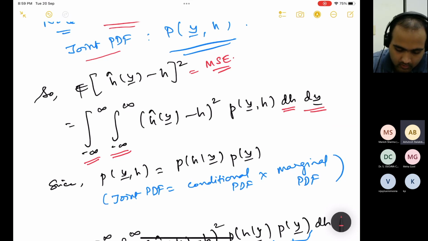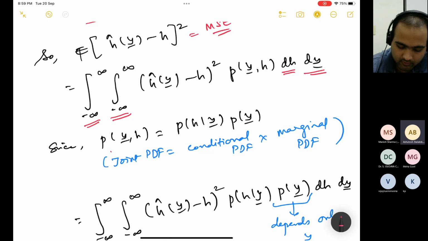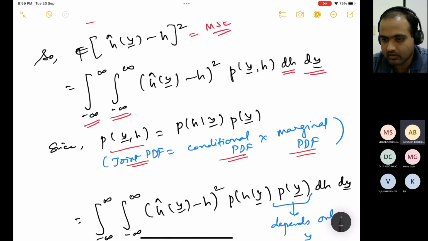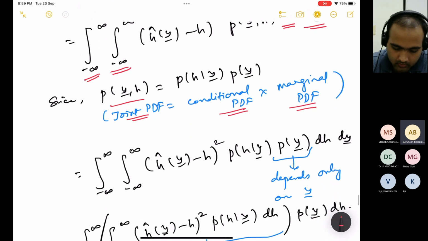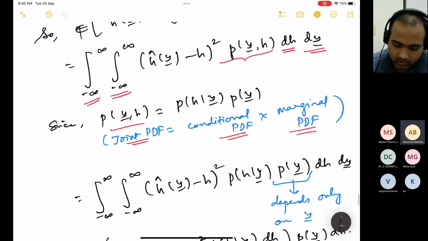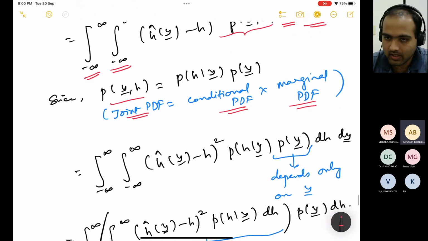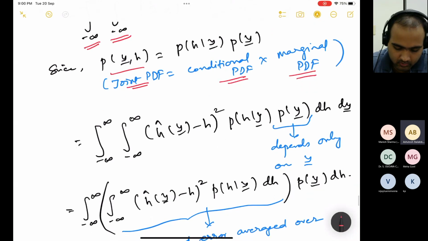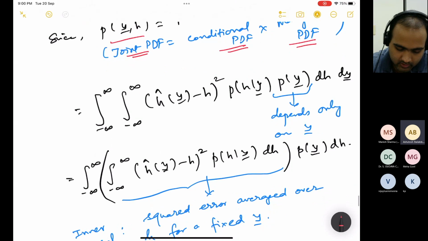Now the joint PDF is basically my conditional PDF multiplied with the marginal PDF, right? So p(h given y) times p(y). If I break the joint PDF as the conditional times the marginal PDF, we have basically two integrals, right?